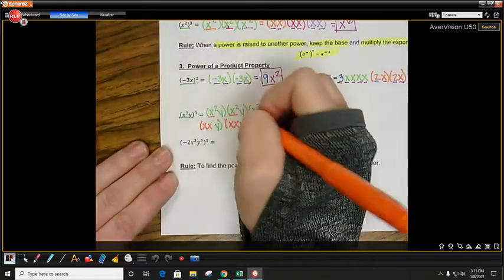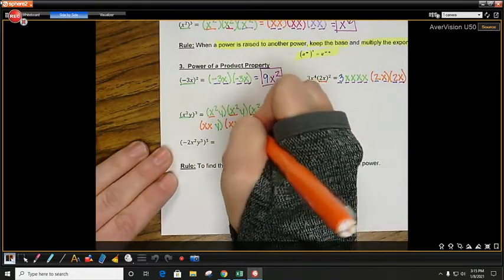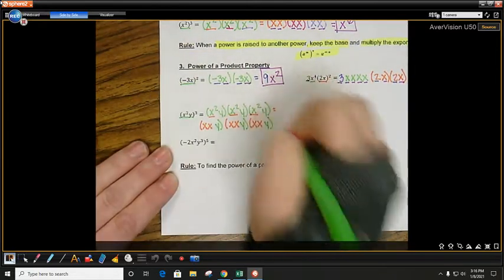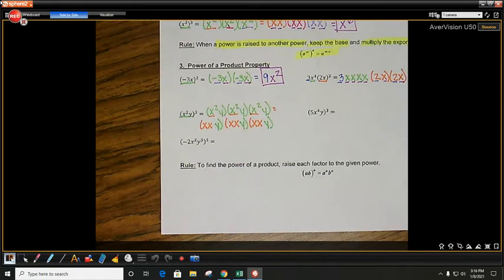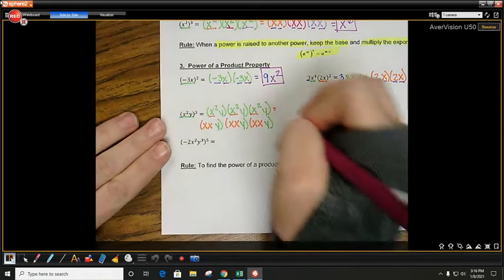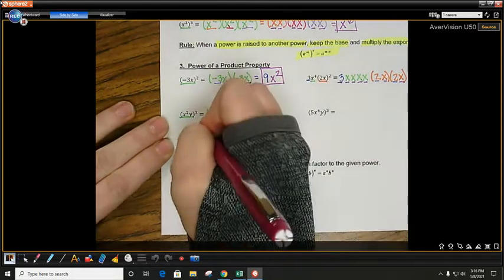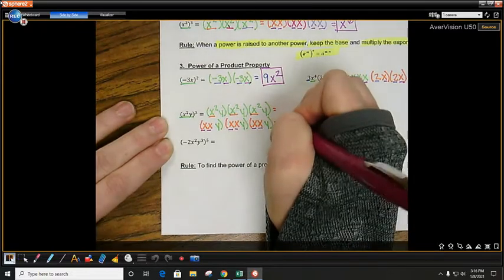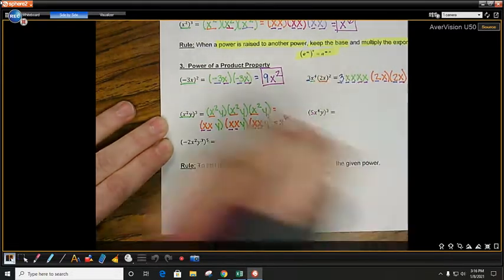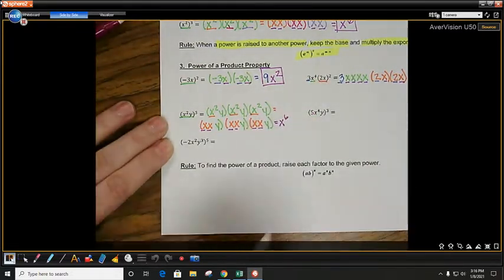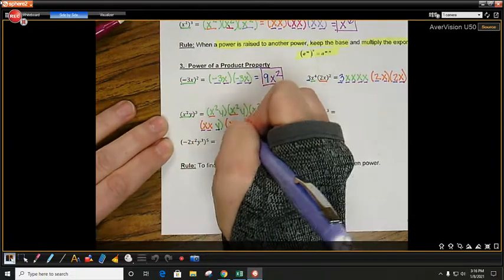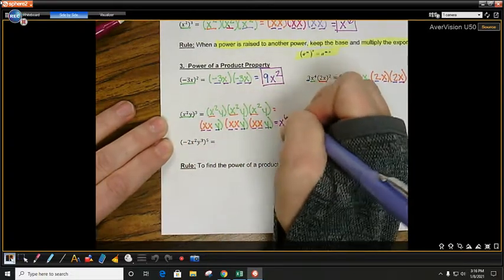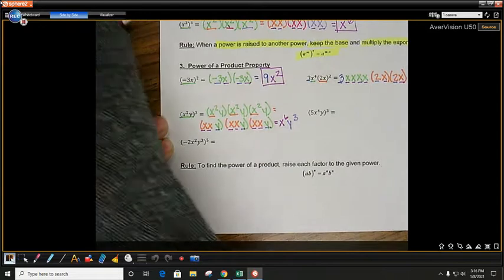And then x squared again becomes xx, and then I have my y. Now we're done expanding, so we're going to count up how many x's we have. 1, 2, 3, 4, 5, 6. So this becomes x to the 6th power. And then let's count up how many y's we have. 1, 2, 3 y's, so this is y to the 3rd power.